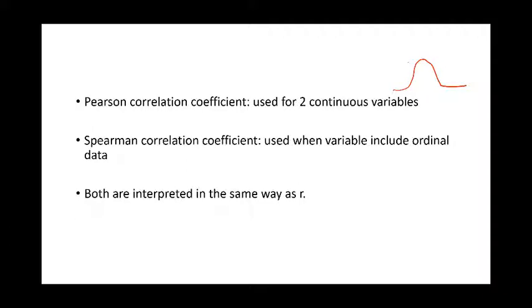However, if the data is ordinal, or if it is not normally distributed, like a positive skewed or negative skewed distribution, or if it is ordinal data, which is not numerical data but data which can be ranked, then we can use the Spearman correlation coefficient. However, the interpretation of them is done the same way as R.